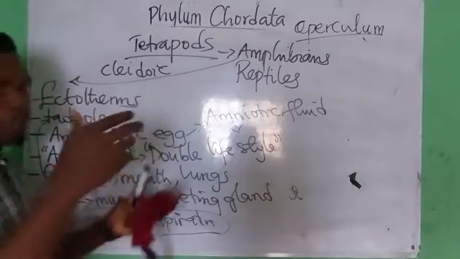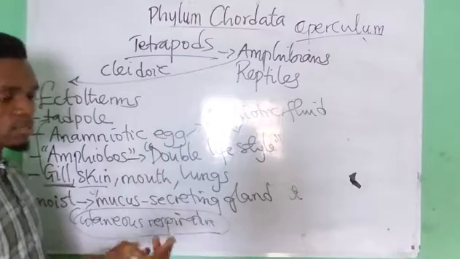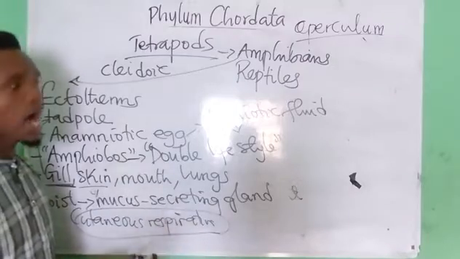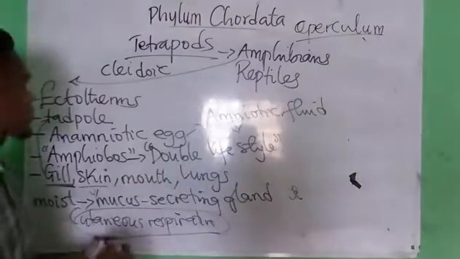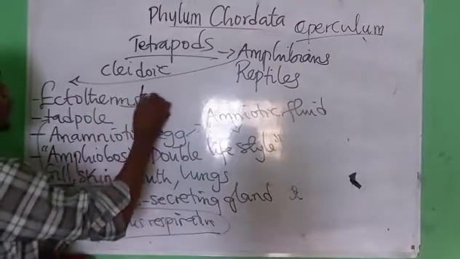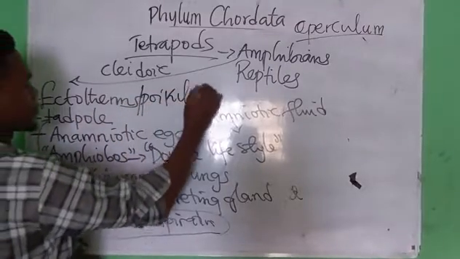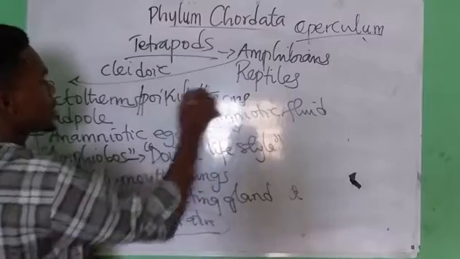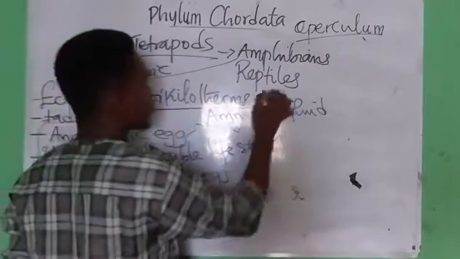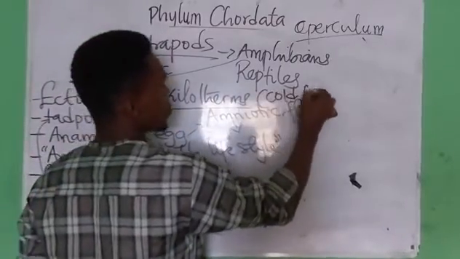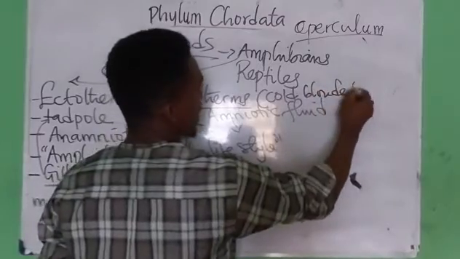If they are ectotherms, it means that their body temperature varies with their environment. Unlike humans and birds, which are all endotherms, they are ectotherms and poikilotherms. Poikilotherms are actually called cold-blooded animals.